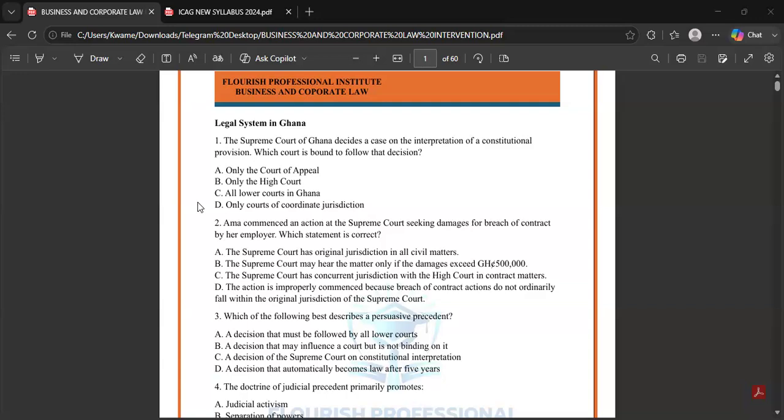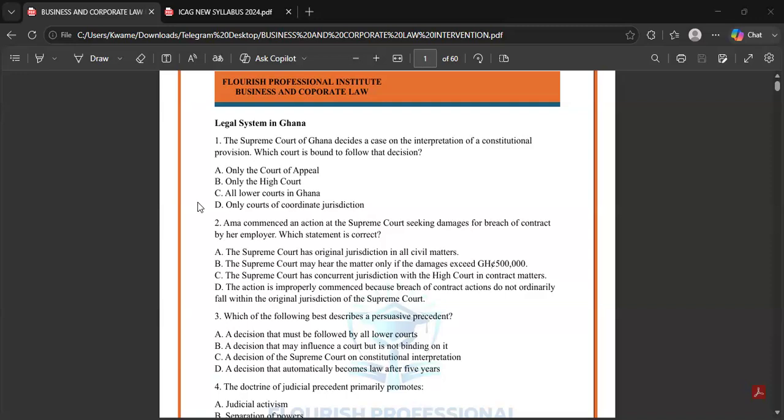When a similar issue comes, it has to give a ruling that is at least similar, so the law is consistent, so that people who believe in the justice system do not say that this person did the same thing, the circumstances are similar, he was given 10 years imprisonment, and this person also did the same thing, and he was given 2. Meanwhile, the circumstances are similar. The ruling should be similar. So that's where the court is bound.